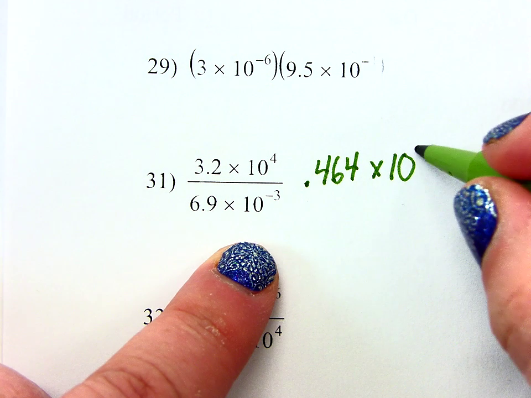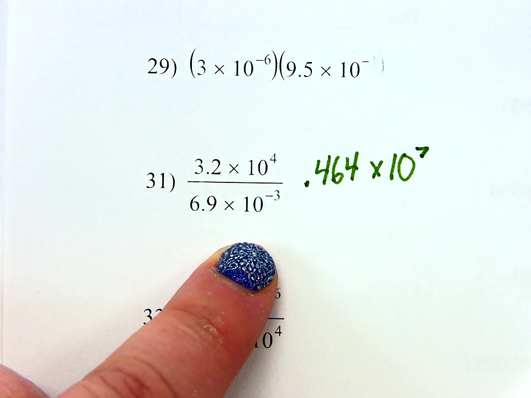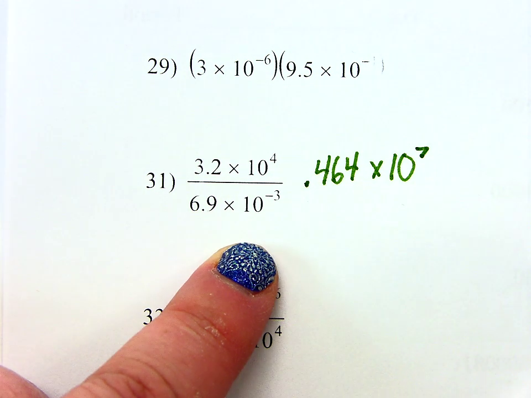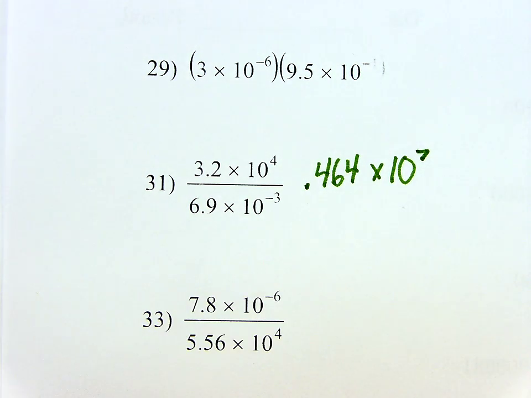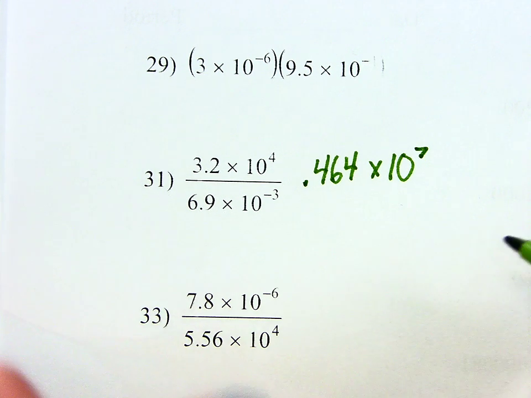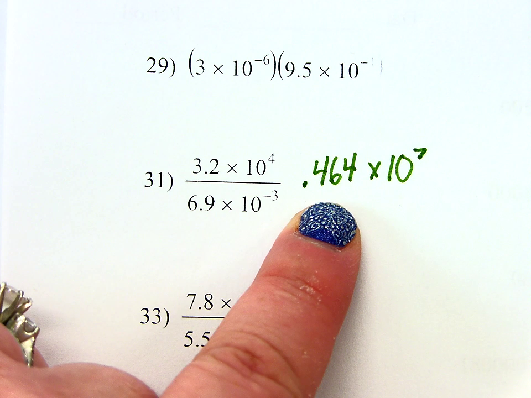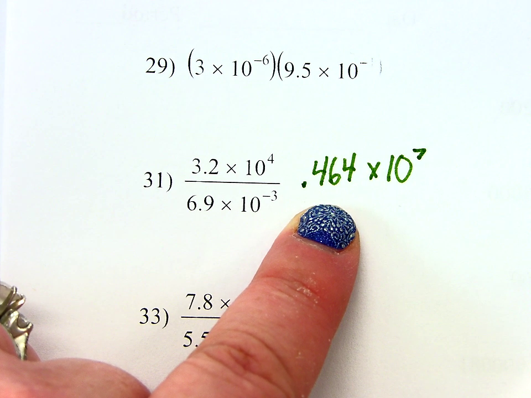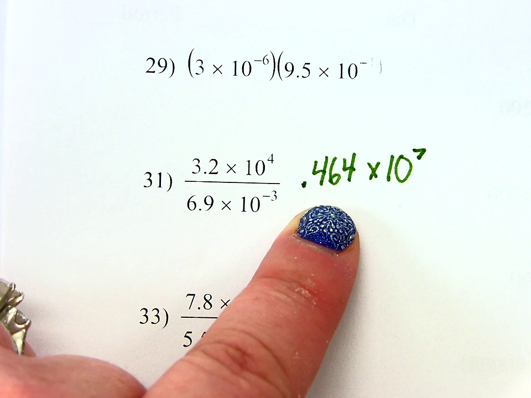To the 7th. Okay. You would be done if that number were between 1 and 10. And it's not. So we're just going to have to adjust just like we have been.